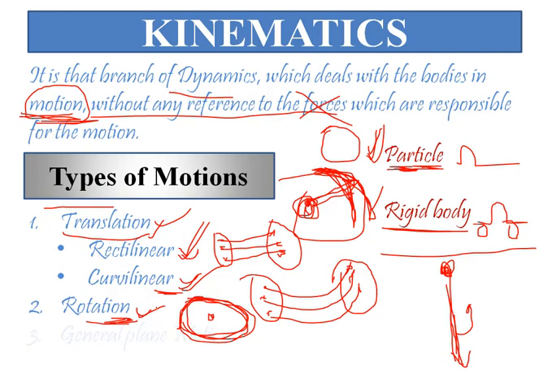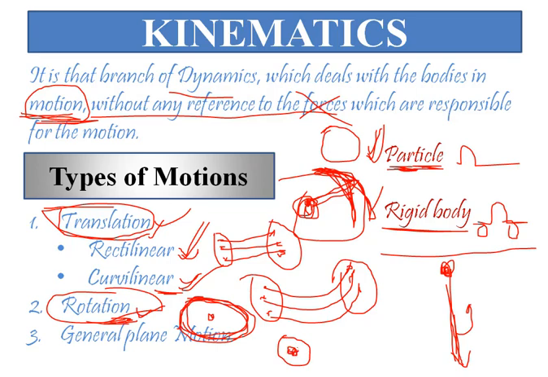And the third one, we have general plane motion, which is simply translation plus rotation. For example, a moving car tire on a flat or horizontal surface rotates and moves in a straight line path, right?